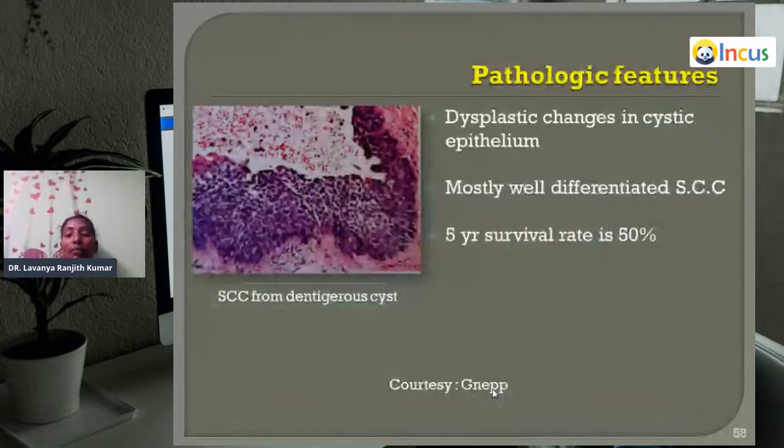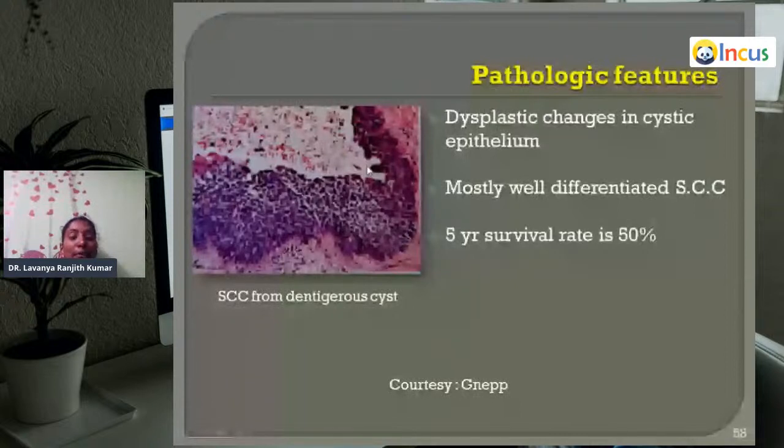Pathological features: if the tumor is arising from a dentigerous cyst, dysplastic changes will be found in the cystic epithelium. There will be a lot of proliferation and it is very thickened.